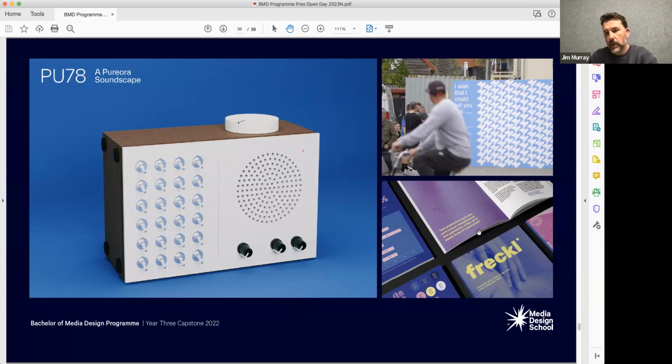That's called Freckle. Top right-hand corner was an online student based in Tauranga who developed his final major project around supporting men through mental health. And that was in conjunction with the Tauranga Council pop-up kind of exhibition and interactive experience that he developed there.